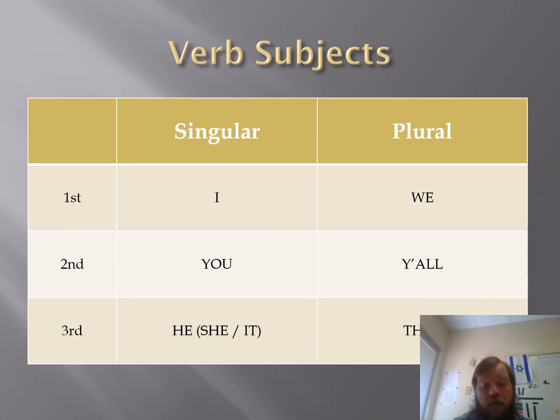If you don't put that apostrophe in its learning, it's going to mark it wrong. And they. So I and we are singular and plural of first person. You and y'all, singular and plural second person. And then he and they, singular and plural third person. For 3 of your activities today, that's actually going to be your answers. Your answer is just going to be I, or y'all, or you, or they. It's going to be very simple, but we'll get to it.